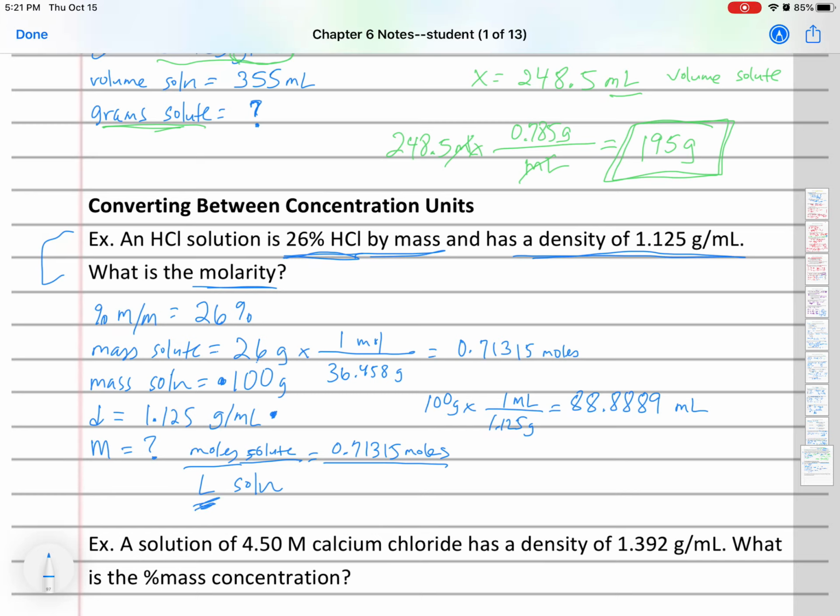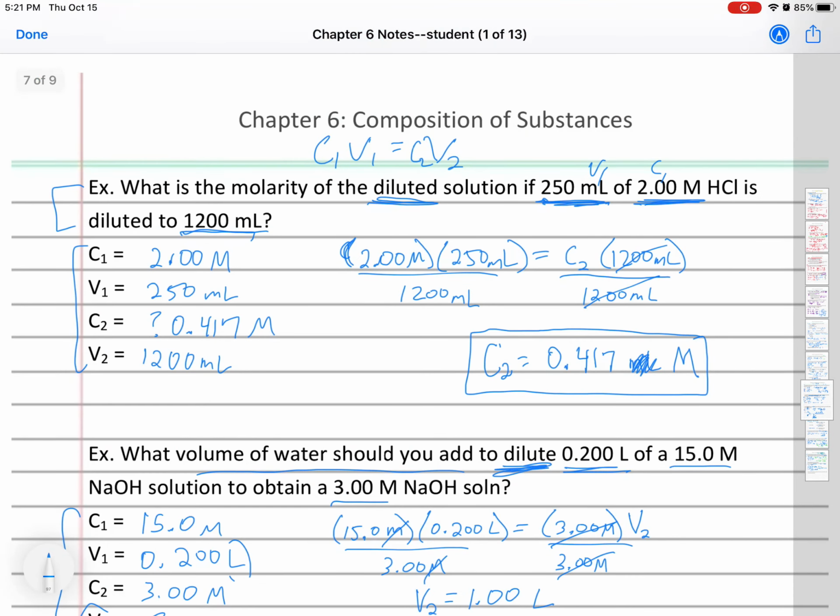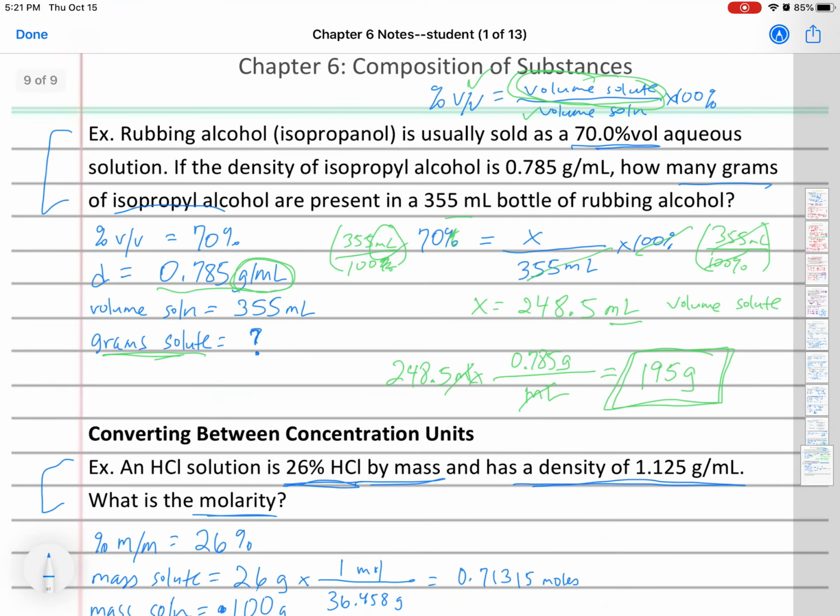All right, but I need the denominator here to be specifically in liters. So I'm going to convert that to liters by dividing by 1,000, 0.08889. What did I do?